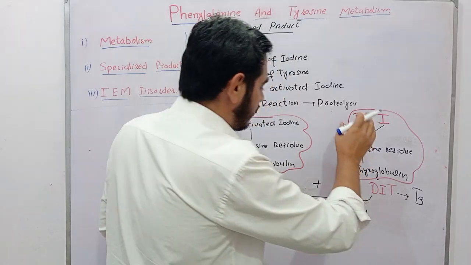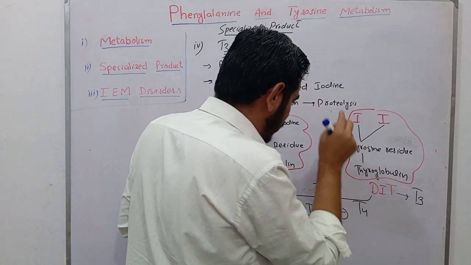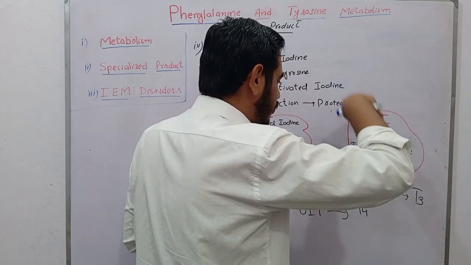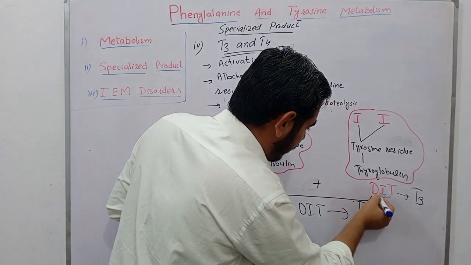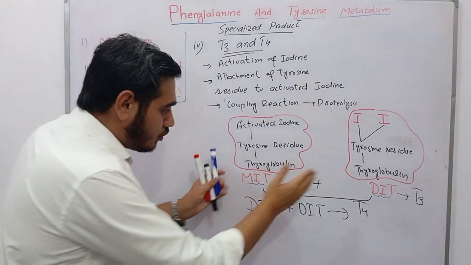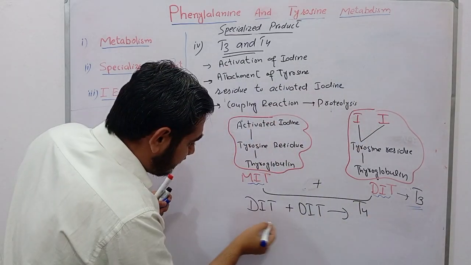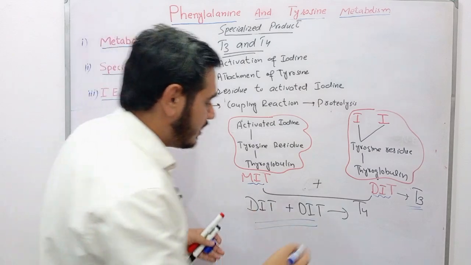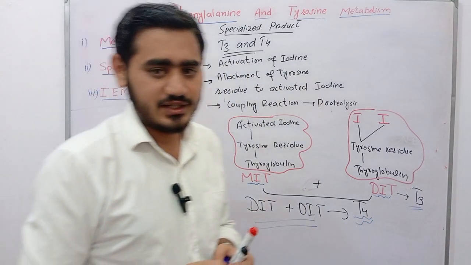With two molecules of activated iodine, it leads to the formation of diiodotyrosine. Through coupling reaction there is a formation of T3, and the coupling reaction of diiodotyrosine and diiodotyrosine leads to the formation of T4 in thyroid gland.